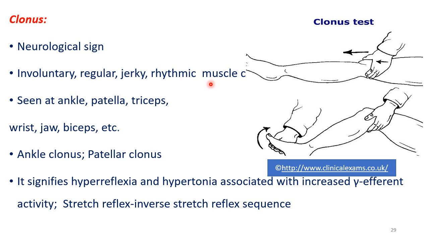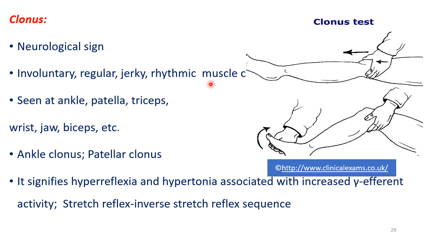This clonus is ill sustained, leading to ill sustained jerky contractions compared with tetanic contractions, in which there are prolonged sustained contractions. You will not see clonus in a normal person.